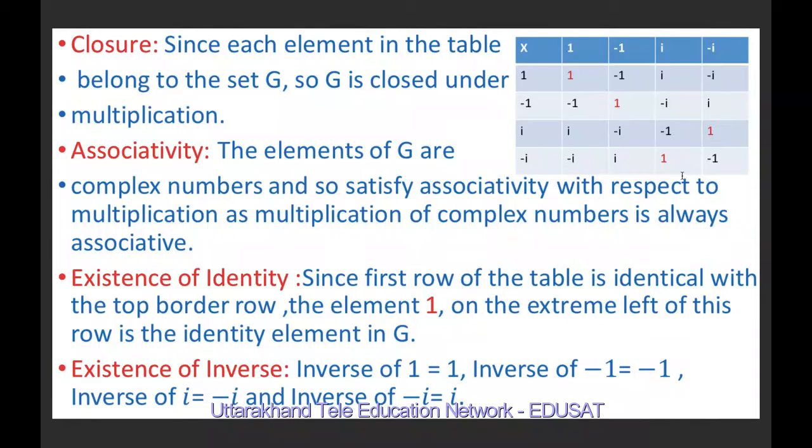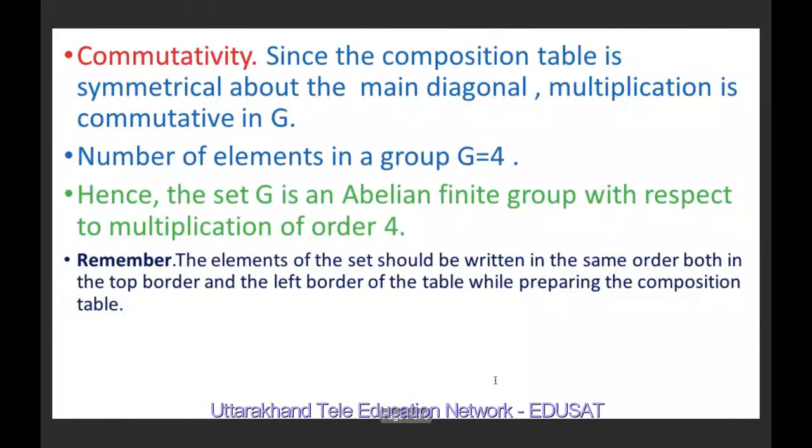The identity element in the third column and last row is 1. Element above 1 in the top border row is iota. Element in the left border row is minus iota. So inverse of minus iota is iota. So I have written inverse of 1 is 1, inverse of minus 1 is minus 1, inverse of iota is minus iota, and the inverse of minus iota is iota.